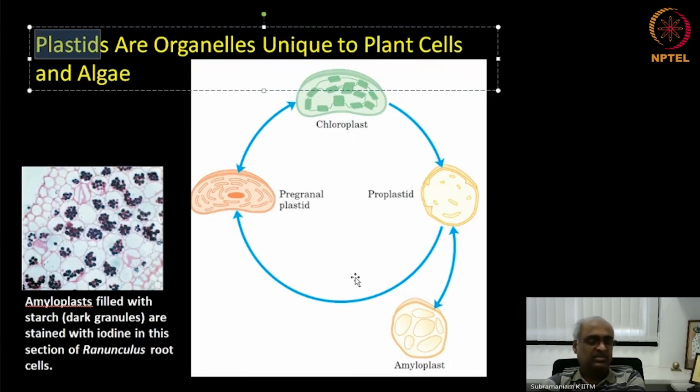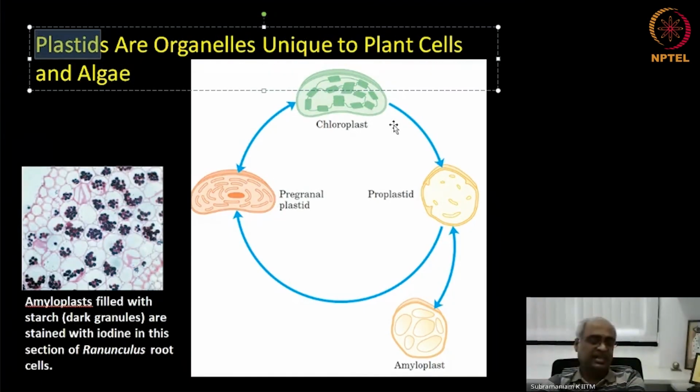Which form exists reflects what tissue and what organ it is in, and what its function is. For example, in leaf, where photosynthesis happens, they exist in the form of chloroplast. In storage organs, they exist in the form of amyloplast, meaning these are reversible. An intermediate called proplastid can assemble the grana and become chloroplasts.